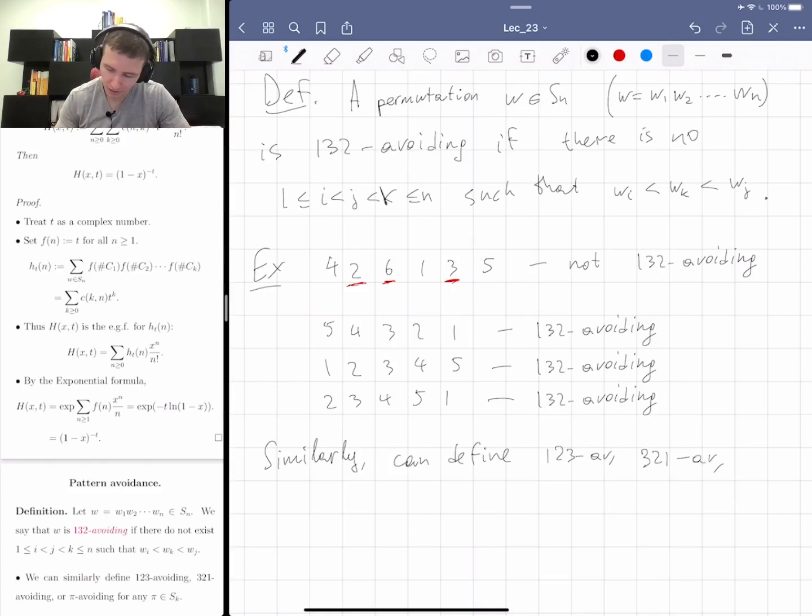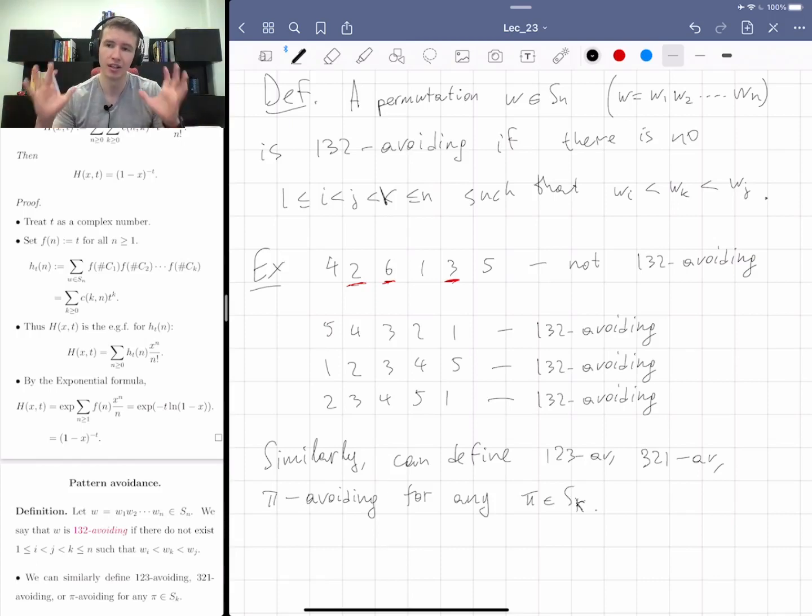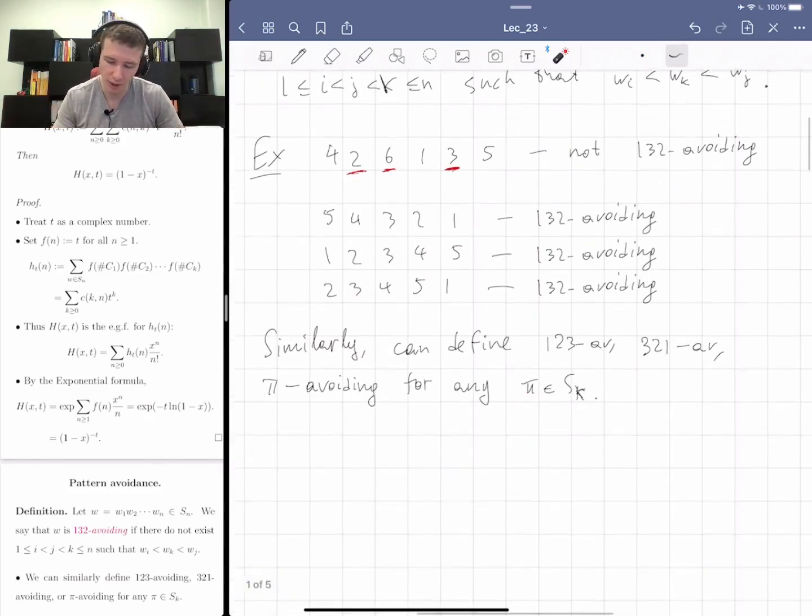So any pi avoiding, for any permutation pi. You just pick some short permutation, and that's your forbidden pattern. So you have to have no subsequences which are in the same relative position as the numbers in the one-line notation of pi.